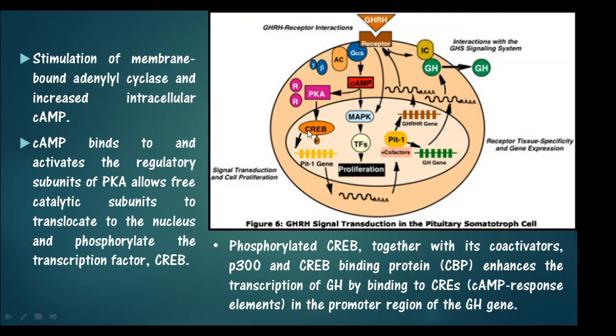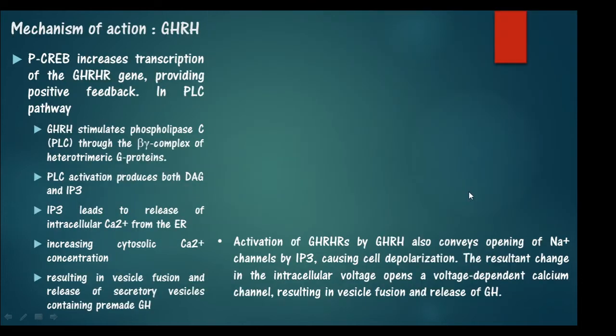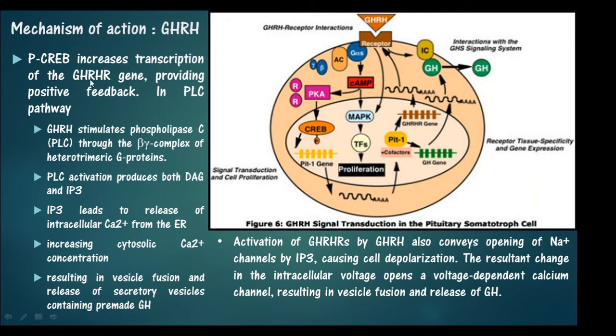The CREB protein becomes phosphorylated by PKA, and the phosphorylated CREB together with its co-activators like P300 and CREB binding protein, so you have CBP also, enhances the transcription of GH, the growth hormone, binding to the cyclic AMP response elements in the promoter region of the GH gene. So the phosphorylated CREB increases transcription of the GHRHR gene, providing positive feedback.